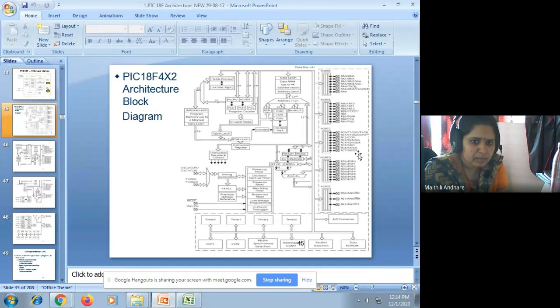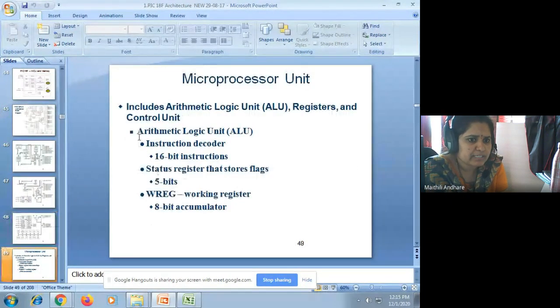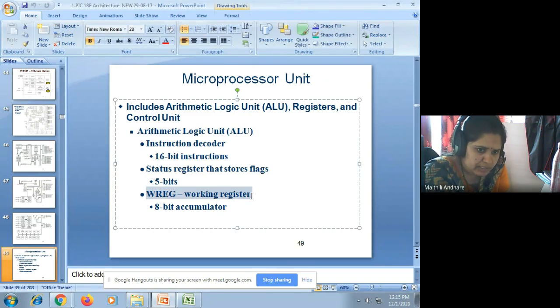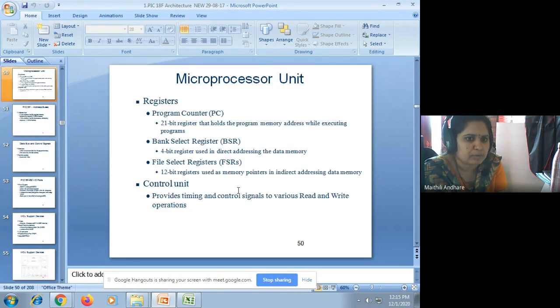Then we have seen the control architecture in detail. I will give a brief introduction of what it consists of. Obviously the arithmetic and logic unit, the ALU, and the status register are available. Then there is a very important register called the working register. It is the same as the accumulator in the 8051 microcontroller. The job of the accumulator in 8051 is performed by the working register in the PIC microcontroller.